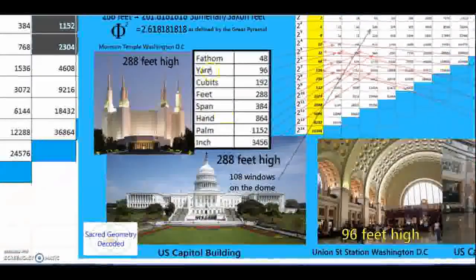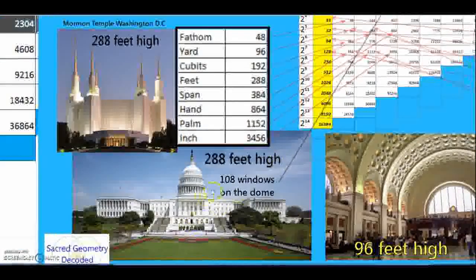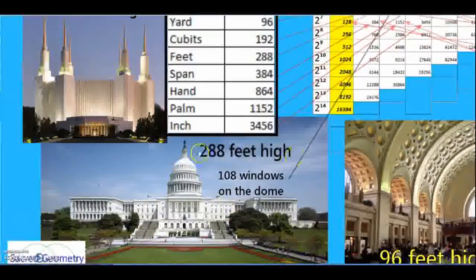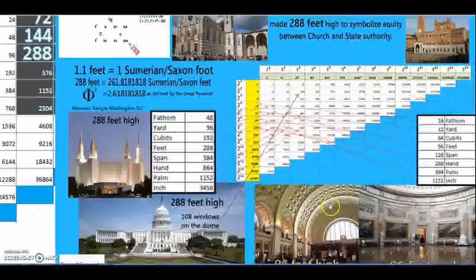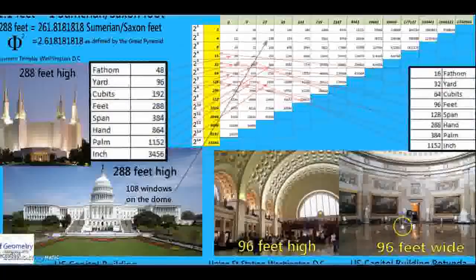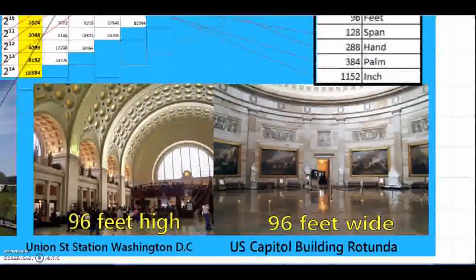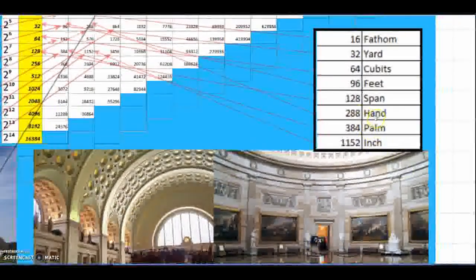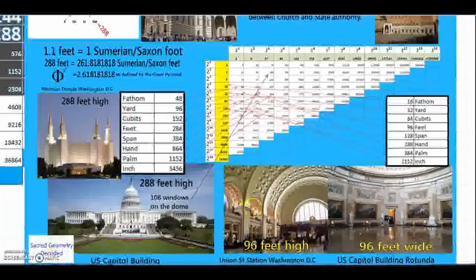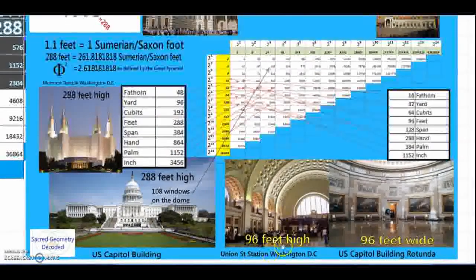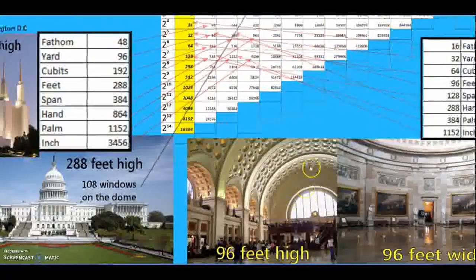Okay, but how is this applied? Well, for instance, the Capitol building in Washington is 288 feet high. Now, the rotunda is 96 feet wide, which is 288 hand. But also Daniel Burnham, Union Station in Washington, D.C. Daniel Burnham was a very important, very influential architect, part of the City Beautiful movement.